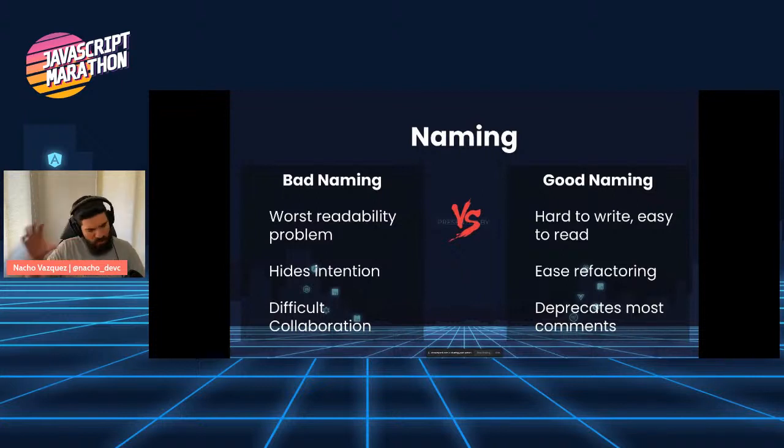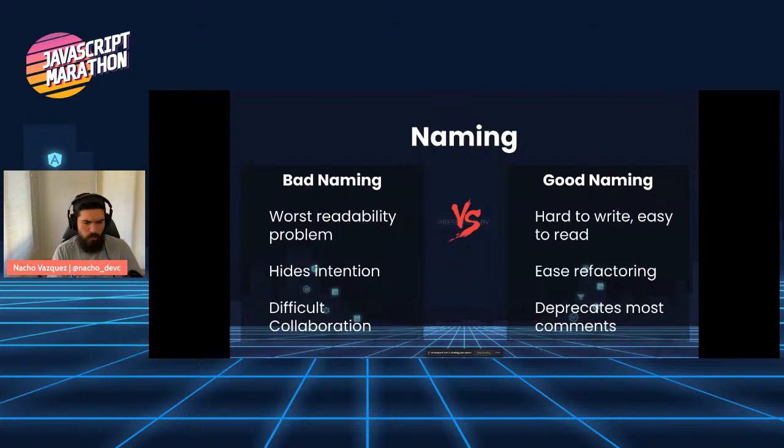But when you start writing good names, you are not only making it simple for everyone to understand what you're doing in your team and to pick up from what you left, but it is also going to deprecate most of the comments that you would need to add to your code.